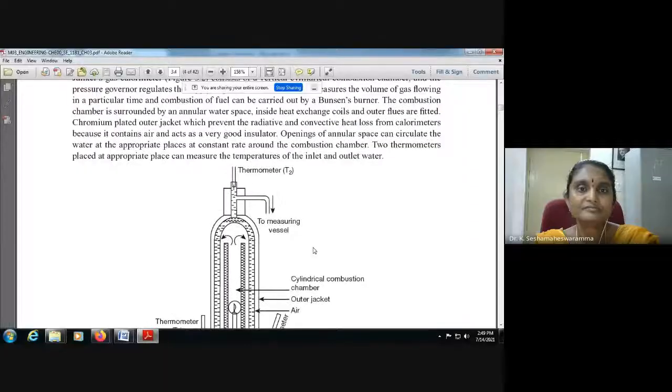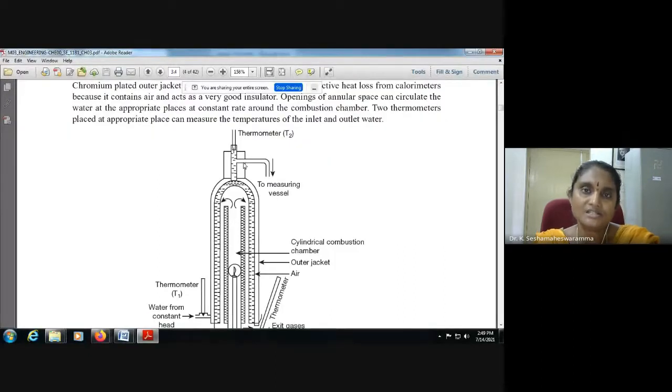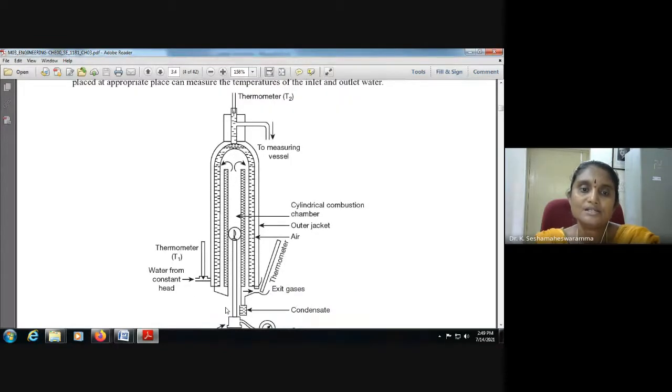This is the Jenkins gas calorimeter. It consists of a vertical cylindrical combustion chamber. This is the combustion chamber. Through here water comes from a constant head, and then the thermometer is here.